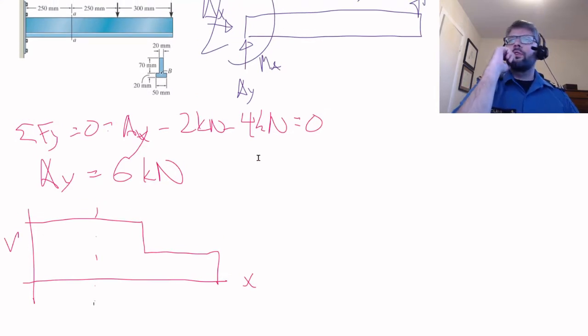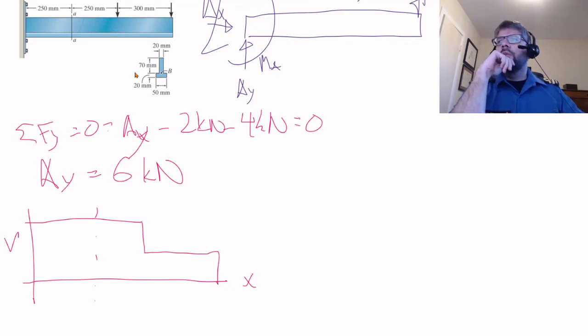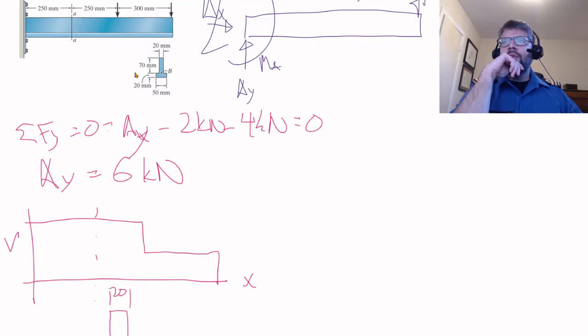So next thing we should probably do is go ahead and figure out what the I is for our cross section here. So we've got kind of a shape. 20, 70 millimeters.